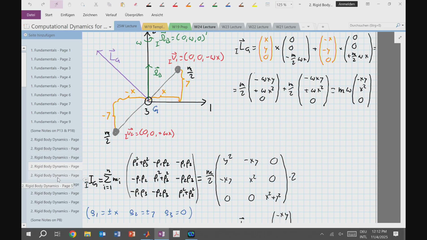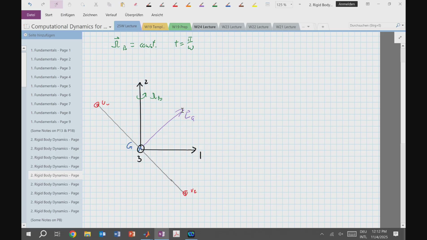That cannot be true. It was pointing this way. Now it's pointing that way. So the angular momentum has changed. But we had no torque. And if there's no torque, torque equals change of angular momentum, so angular momentum cannot change.